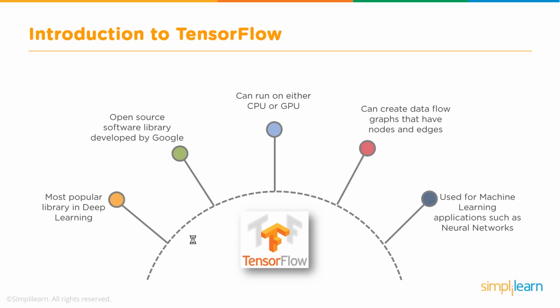So what are some of the properties of TensorFlow? Today it is one of the most popular platforms. TensorFlow is the most popular deep learning platform or library. It is open source, developed and maintained by Google. One of the most important things about TensorFlow is that it can run on CPUs as well as GPUs. GPU is a graphical processing unit, just like CPU is central processing unit. In earlier days, GPU was used primarily for graphics, and that's how the name came.